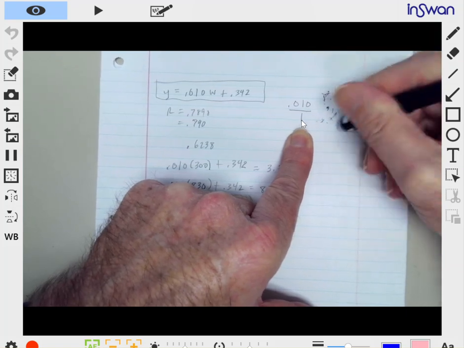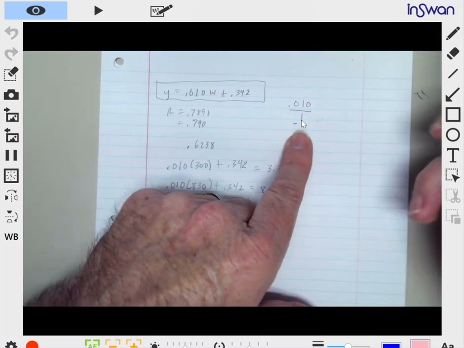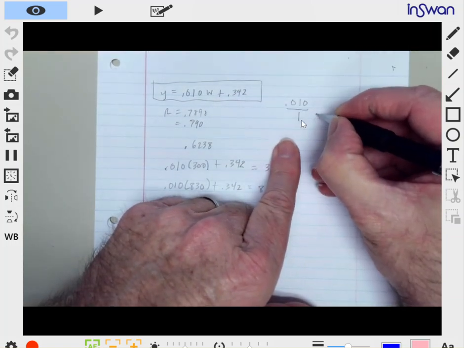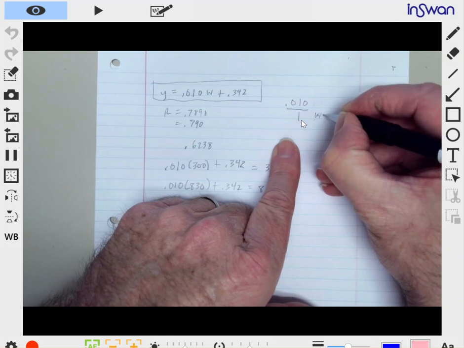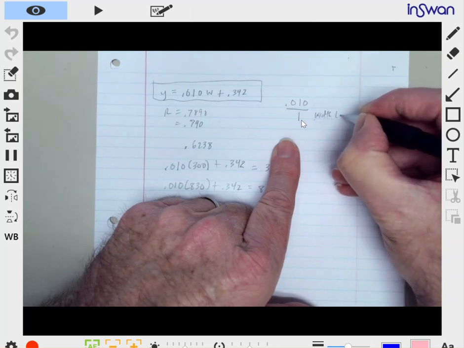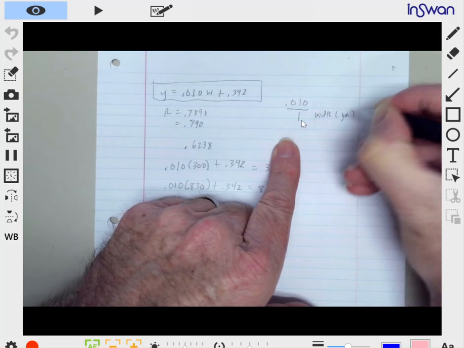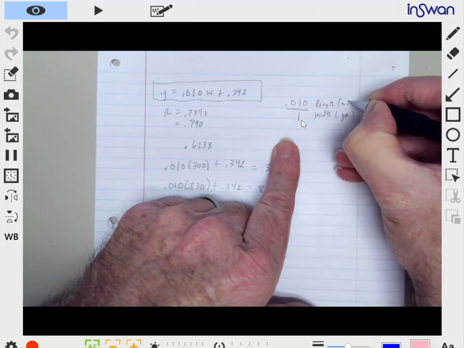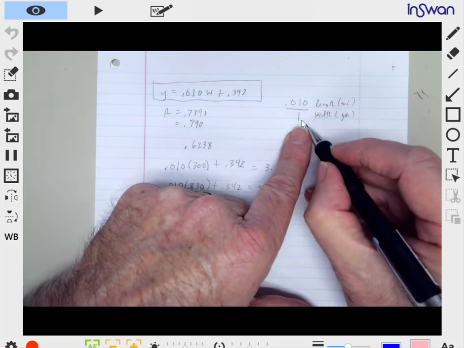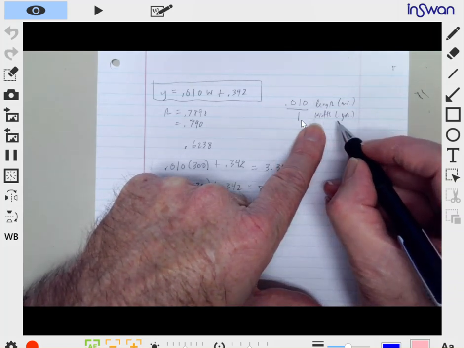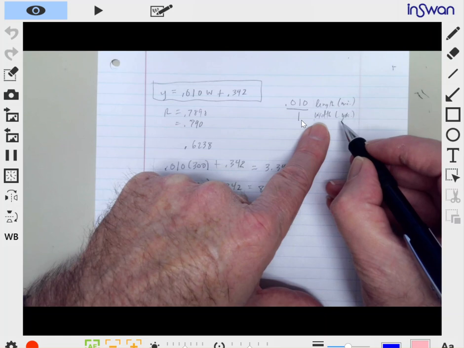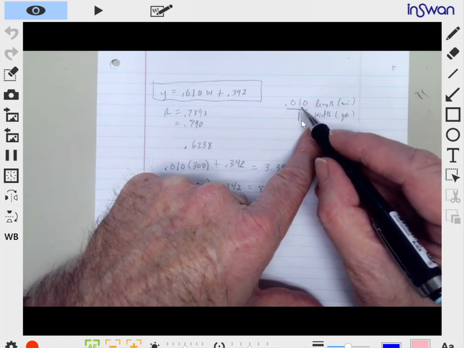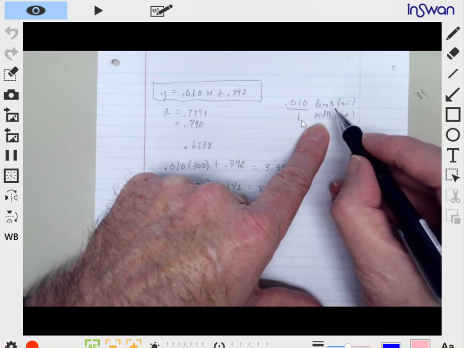Because remember, the numerator is your change in y, the denominator is your change in x. So this would be your width in yards, and the numerator would be your length in miles. So for every 1 yard that the width changes, the number of miles is going to change by 1/100th of a mile.